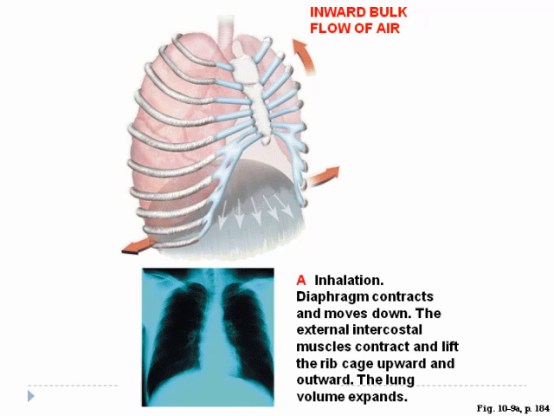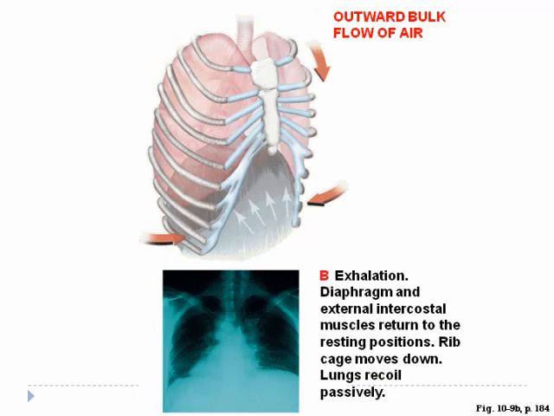The intercostal muscles contract. That opens that rib cage up. Lung volume expands. And then you relax those muscles. The elastic fibers in the walls of the lungs passively recoil, and that pushes air out.